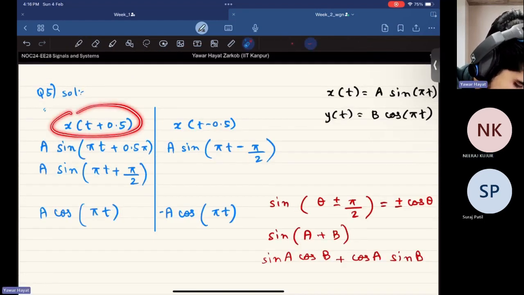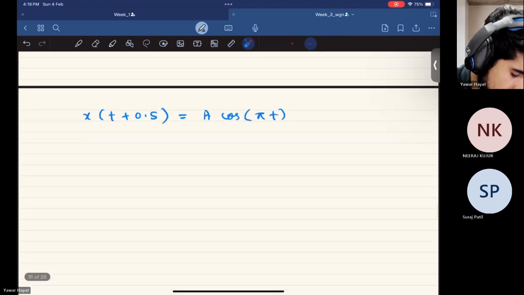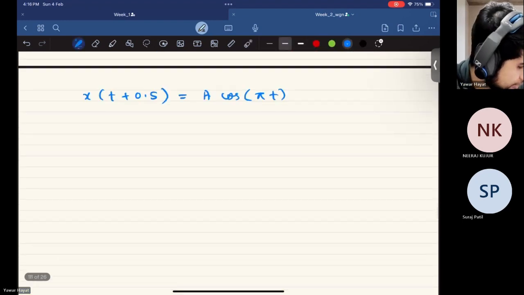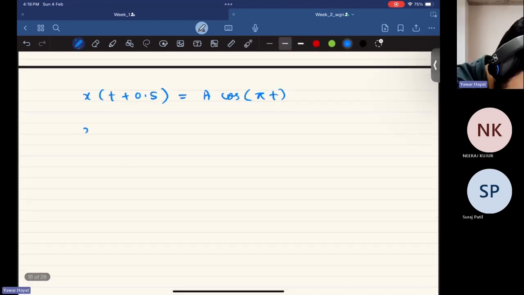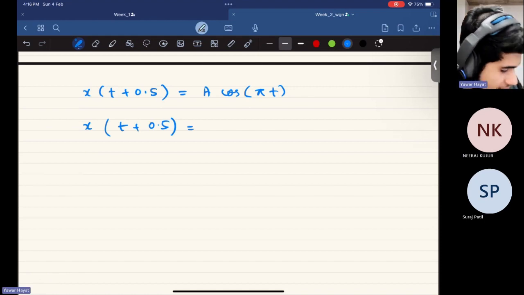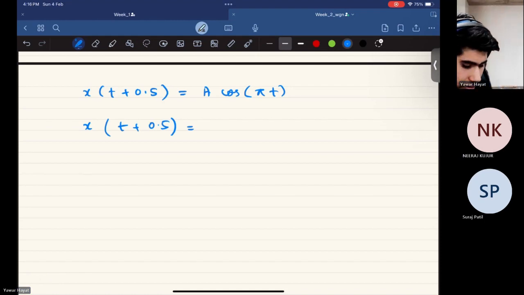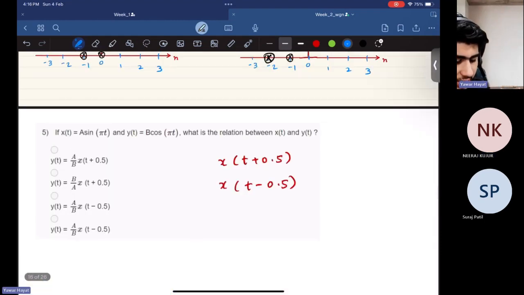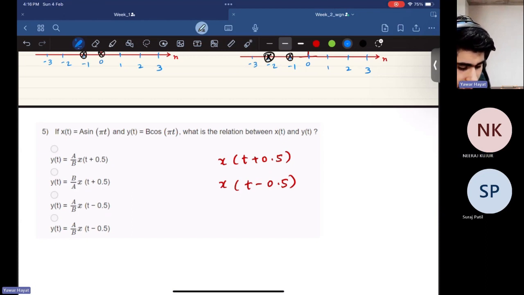Yes, sir. This x of t plus 0.5 would be equal to A cos pi t. Now I need to establish a relation between this x of t and y of t.